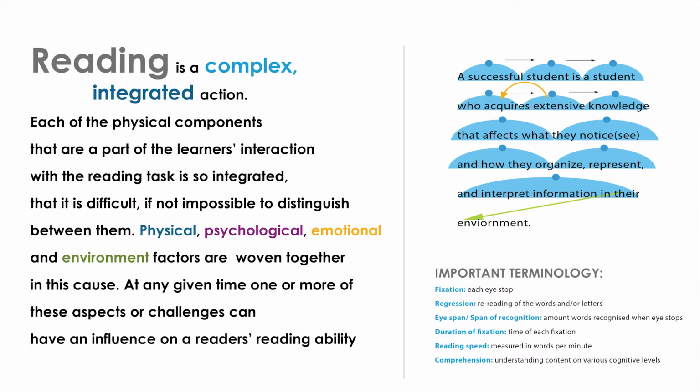In that fixation, there is a certain amount of information that should be taken in. And that information must now be relayed in the brain and put into a place of understanding within the context of the text that is being read. So the time frame that I stop, the duration of fixation, is important.